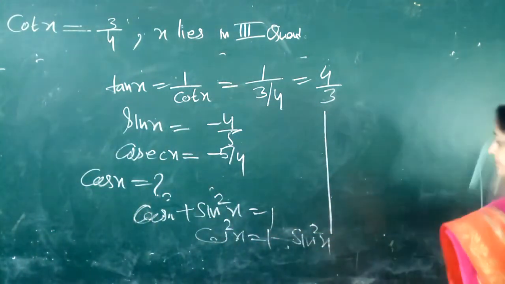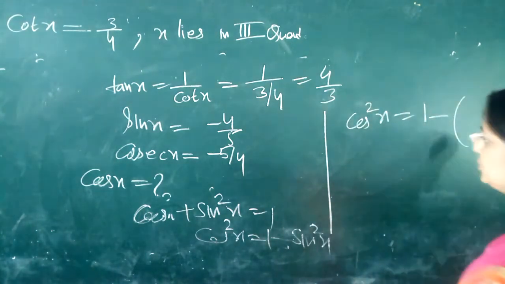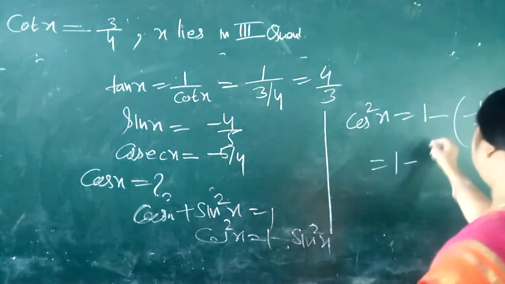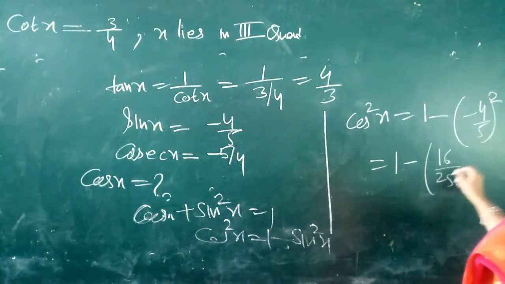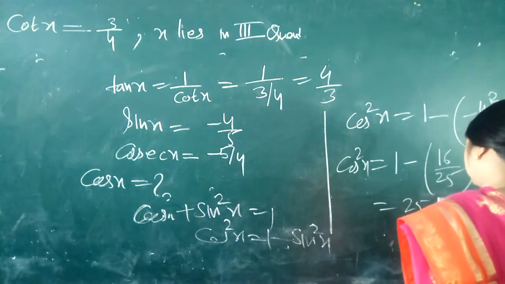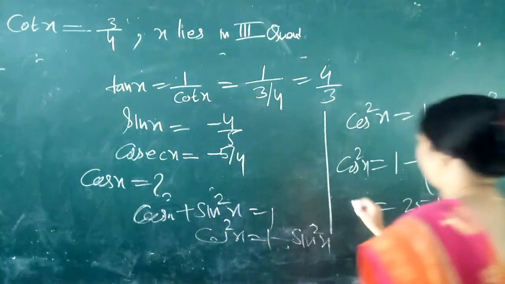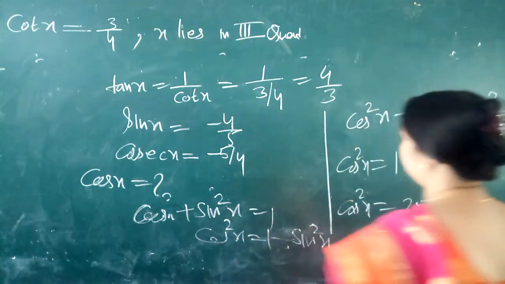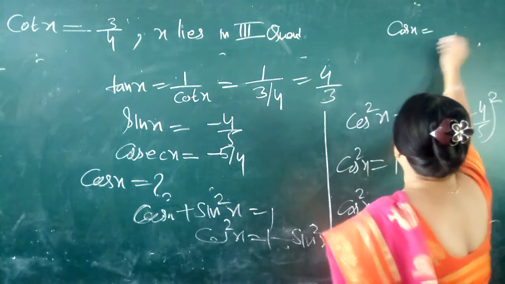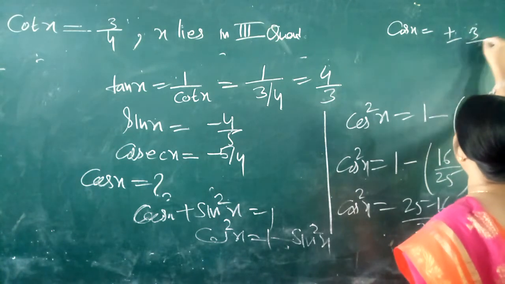It will come cos square x is equal to 1 minus minus 4 by 5 square, so 1 minus 16 upon 25, that is 25 minus 16 upon 25, that is 9 by 25. The value of cos square x is 9 by 25. After that cos x is equal to plus minus 3 by 5.